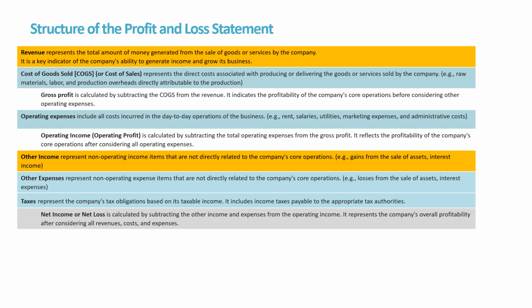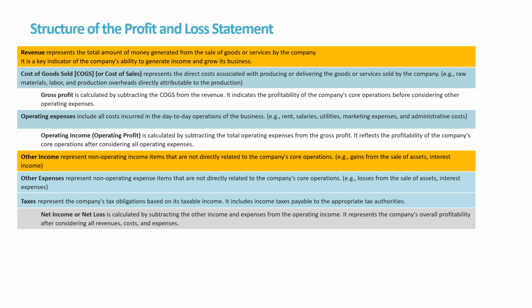Moving down, we come to operating expenses, shortly called OpEx. These include all costs incurred in the day-to-day operations of the business and not directly tied to the production of goods or services. These expenses can encompass rent, salaries, utilities, marketing expenses, and administrative costs.